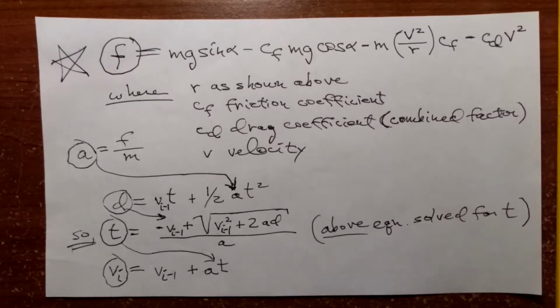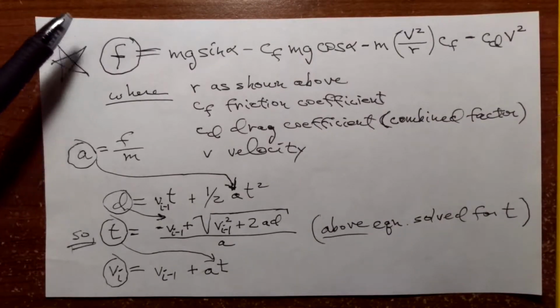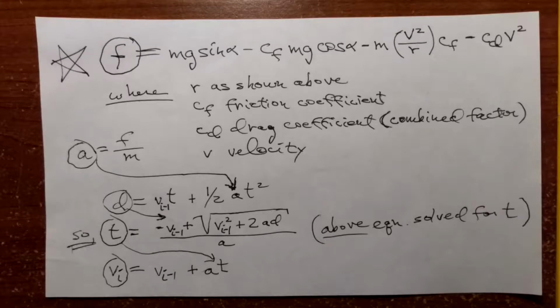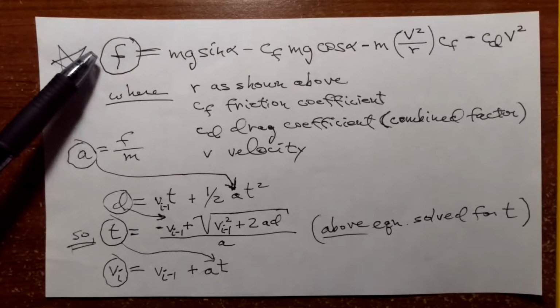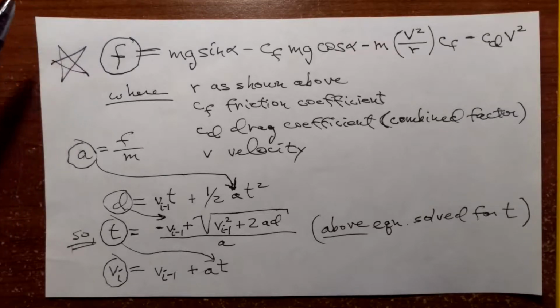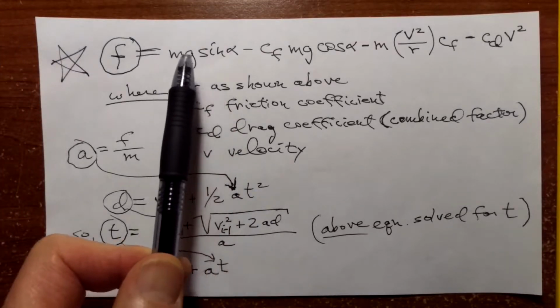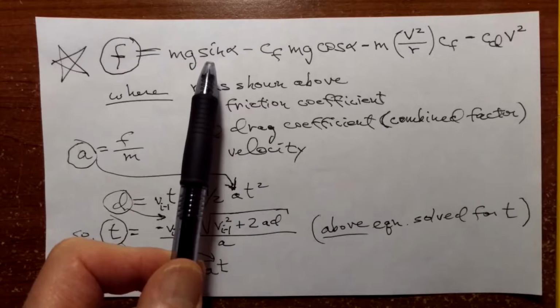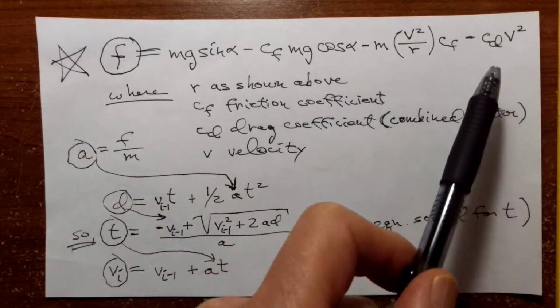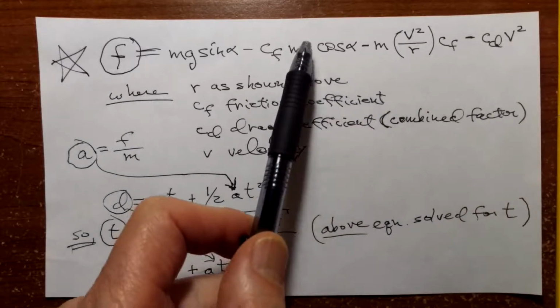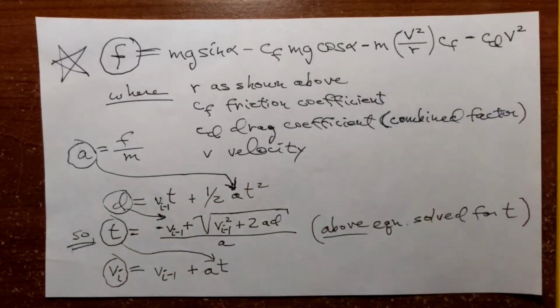The resultant force F acting on this particle or object as it slides down this path is given here of these components. The mg sine theta, which I mentioned, is the driving force, and then we've got the three retarding forces, friction here, and then drag, explained here.